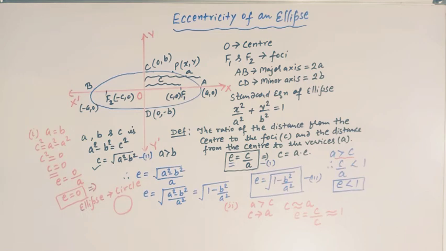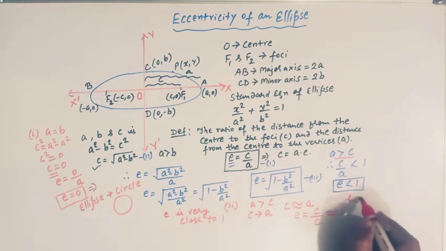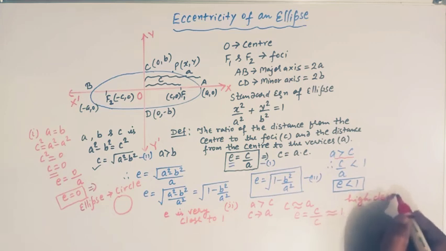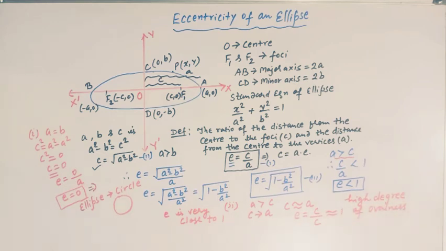So in that case we can conclude that e is very close to 1, and the ellipse has a high degree of ovalness, or in other words, when e approaches 1, that is when c approaches a, then the ellipse is said to have a high flatness.